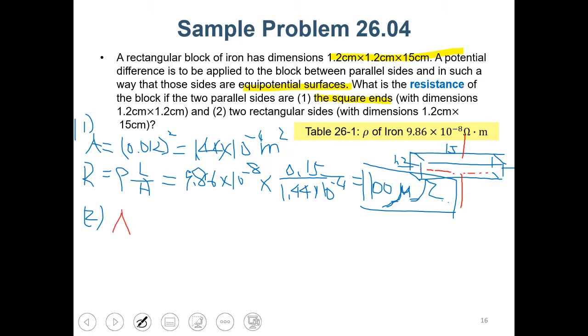So here A would be 0.012 times 0.15. So the area would be 1.8 times 10 to minus 3 meters squared.